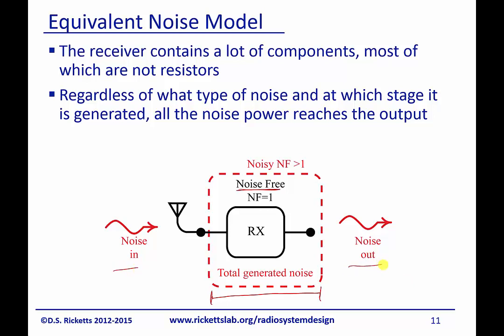And if I ask you a quick quiz question, will the noise out be equal to or greater than the noise in? You should intuitively know it must be greater than the noise in. And so we want to figure out some way at a system level to represent the noise added by the receiver without having to get into what's inside of here.